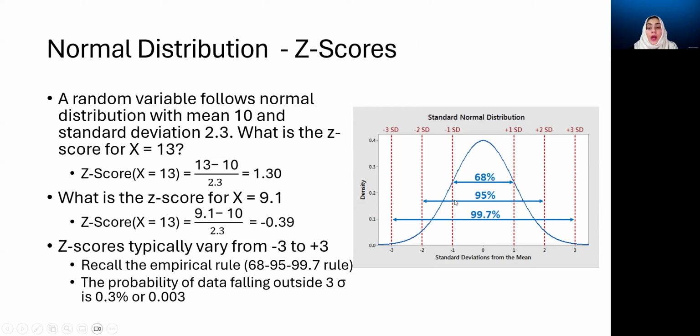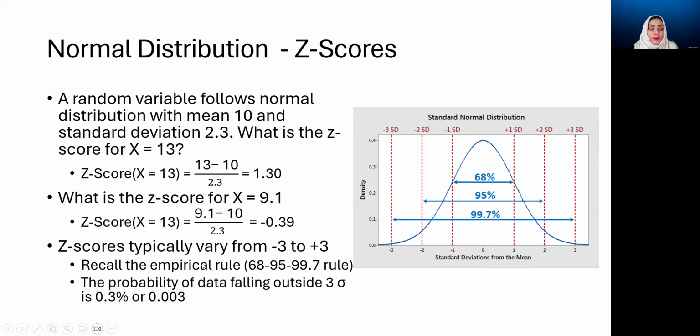Then 95% of your data, which leaves only 5% out of it, is within 2 standard deviations. And within 3 standard deviations, you have 99.7%, almost all of the data.